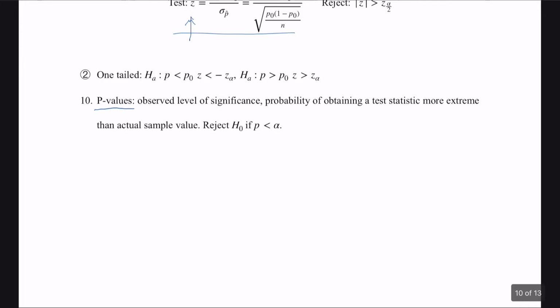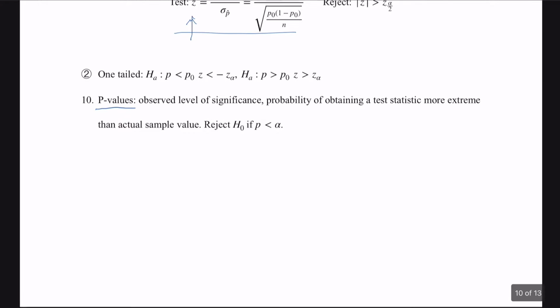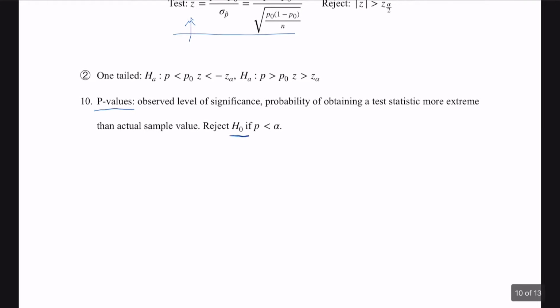First thing first, you need to know what does P stand for? P stands for probability. So p-value is a probability. And if you're using p-value to do hypothesis test, the only criterion to reject or accept a hypothesis is this.